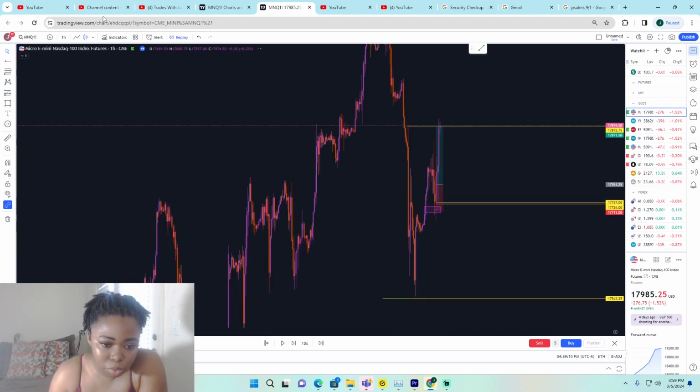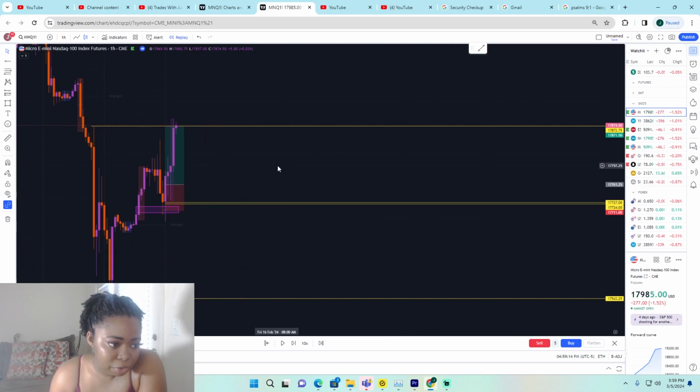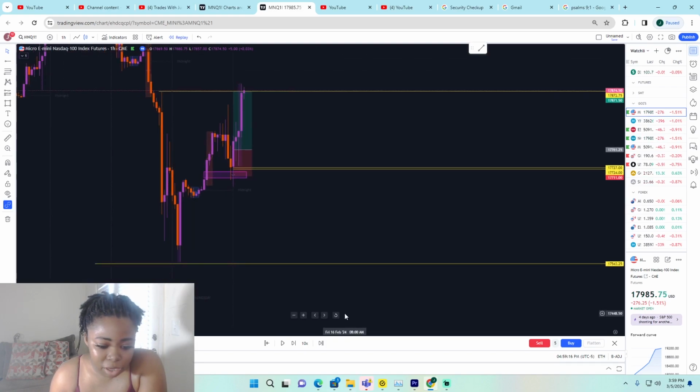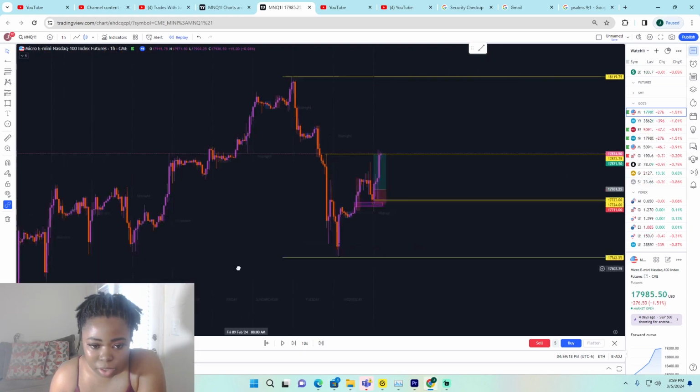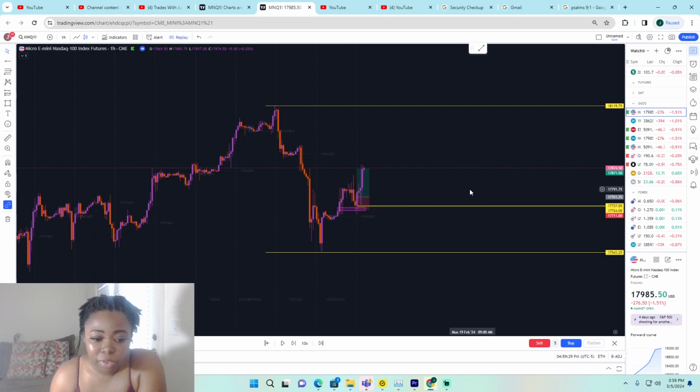I started out on a 1 hour time frame, and what I did on this time frame is I marked out the high and the low, which was right here and right here, as you can see. And then from there, I wanted an entry right here in this area down here.